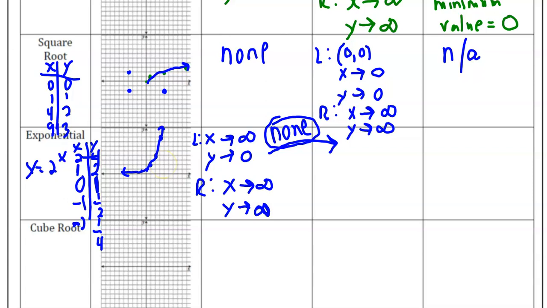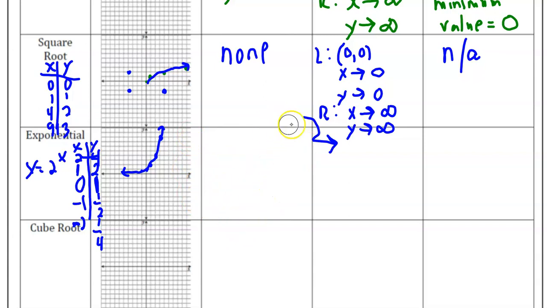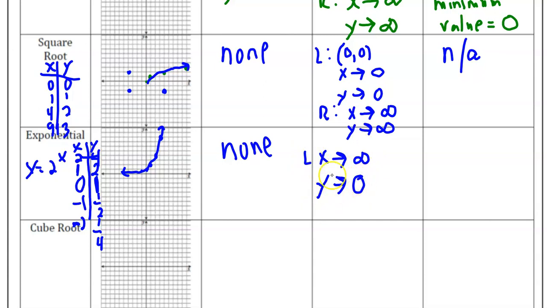I better put them in the right spots so I don't confuse people. So this one here did not have any symmetry. And then as x approaches negative infinity, this is on the left side, y is approaching 0.